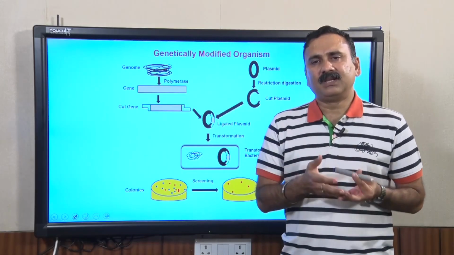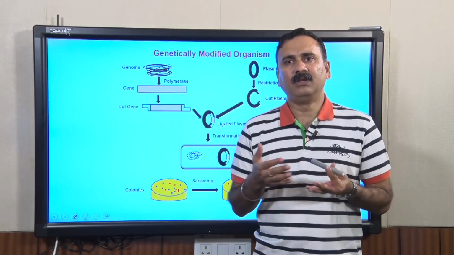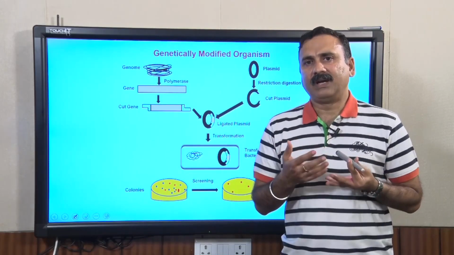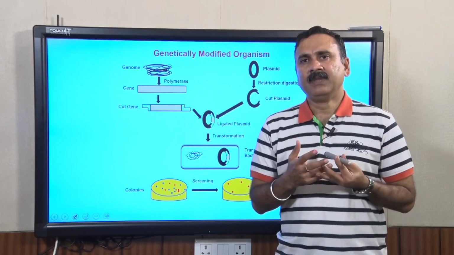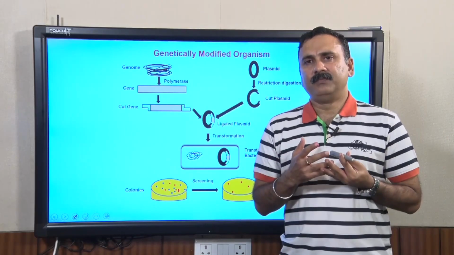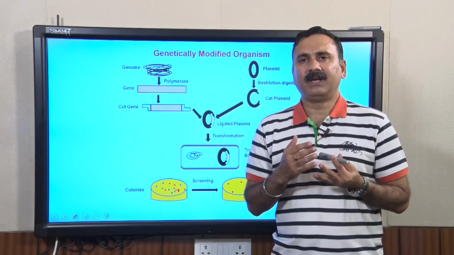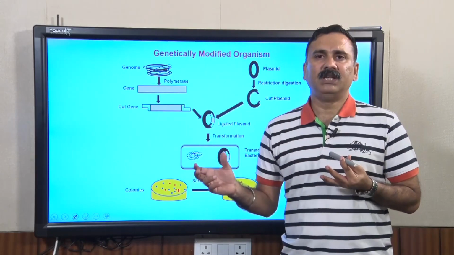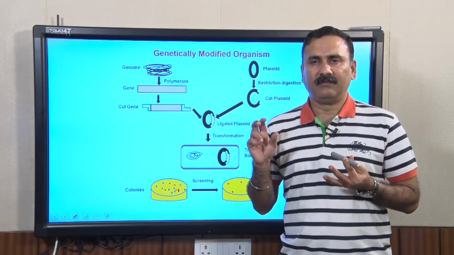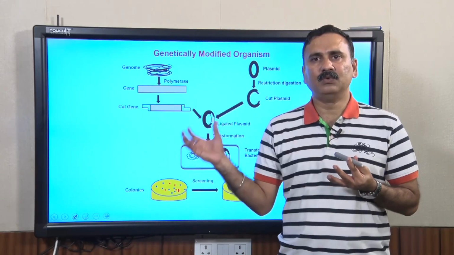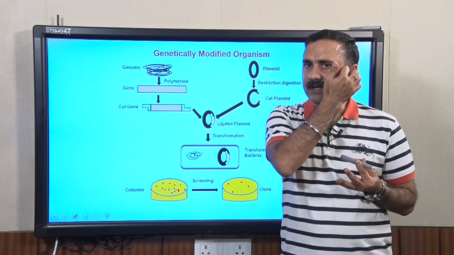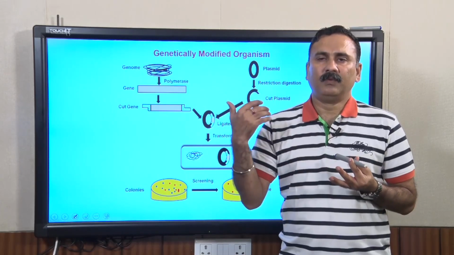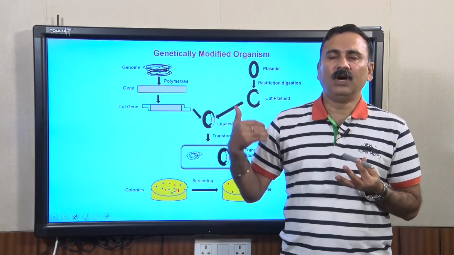We discussed the many features which these vectors provide to the user, and based on these features people can develop different strategies to clone the foreign gene into the vectors, and then use these vectors for overexpressing the foreign gene in the host.